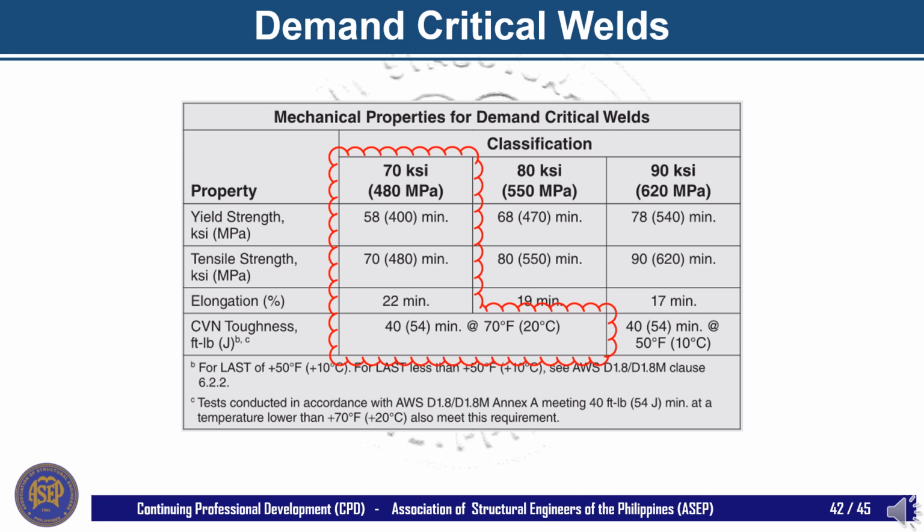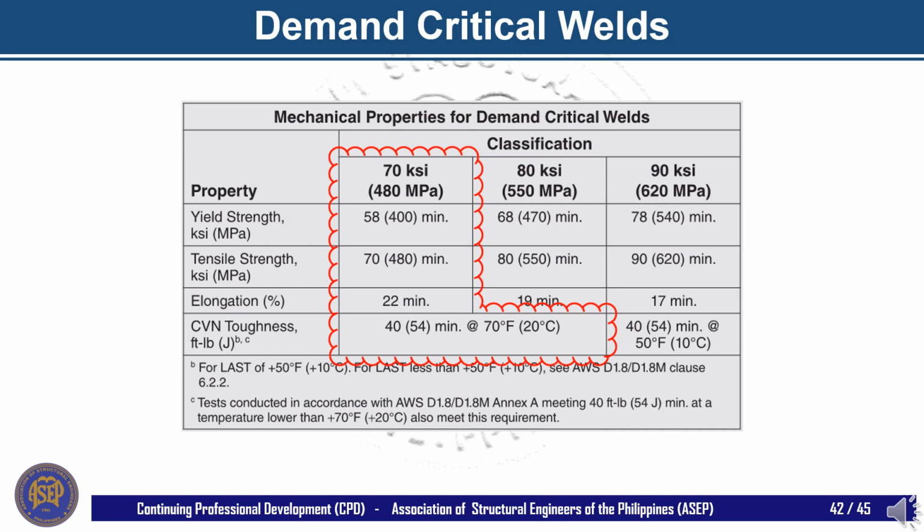The last seismic requirement we will discuss for CJP welded SMF connections is the mechanical properties for demand critical welds. In addition to the filler metal requirements, AWS D1.8 requires, unless otherwise exempted when testing, that all demand critical welds are to be made with filler metals receiving heat input envelope testing that achieve the following mechanical properties in the weld metal.